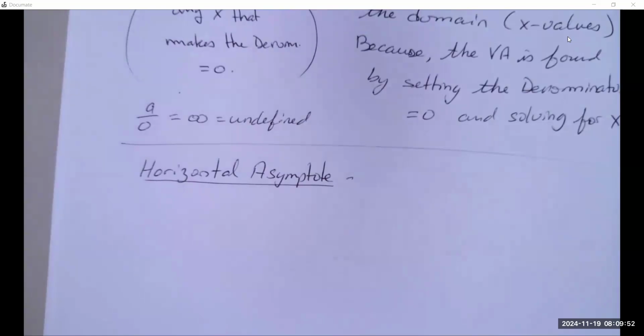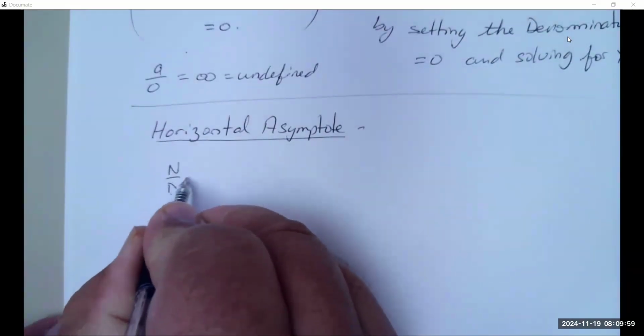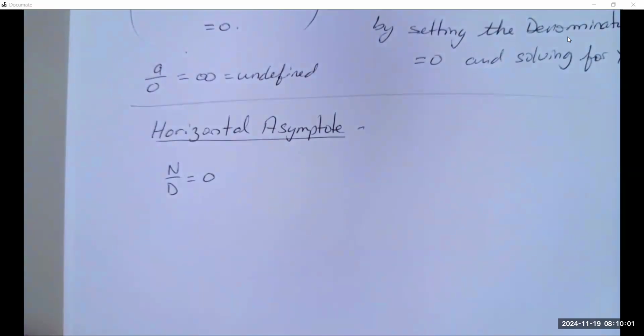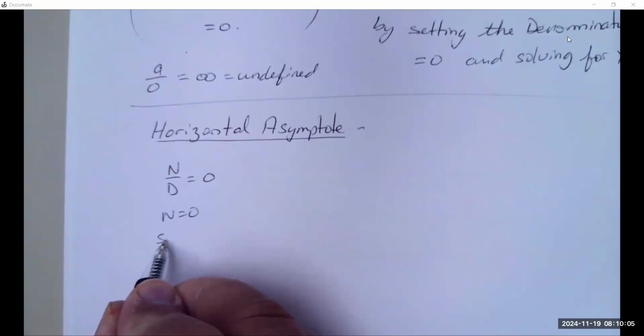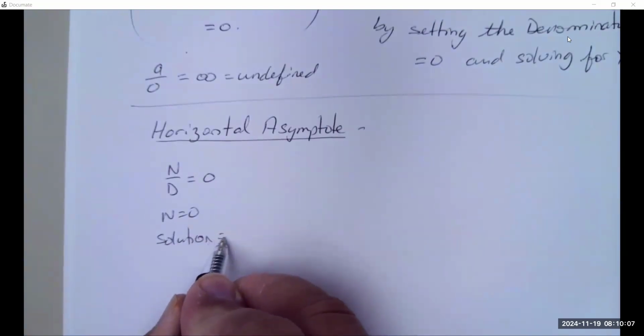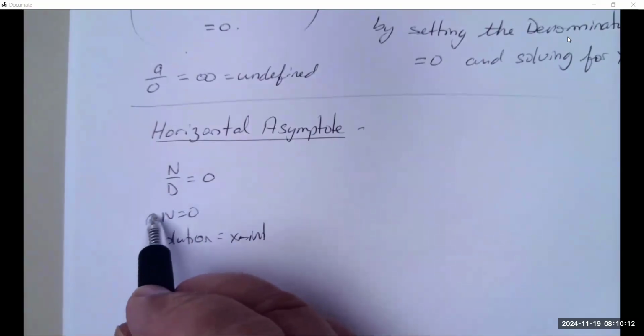If you set the numerator equal to 0, what does that find for us? Think about it. We have the numerator over the denominator. If we set it equal to 0, we found the solutions, or the x-intercepts. So we find the x-intercepts by setting the top equal to 0.